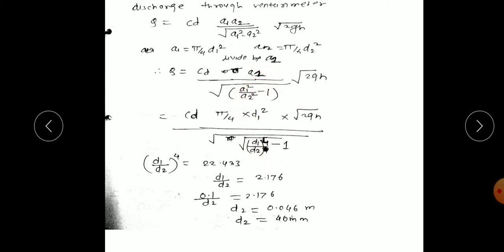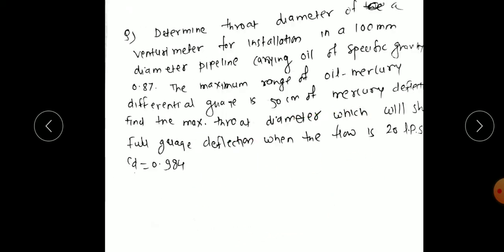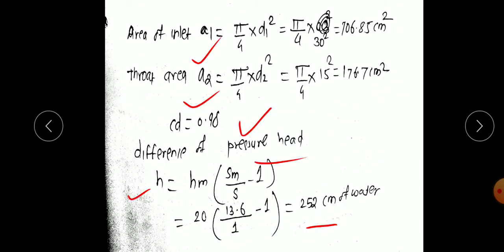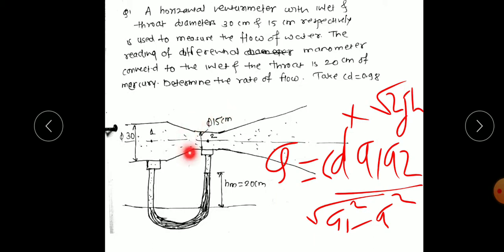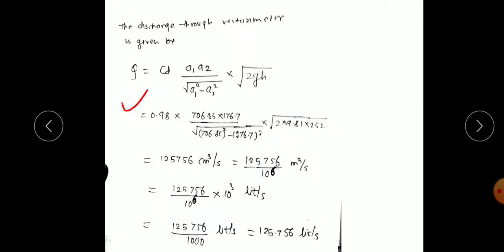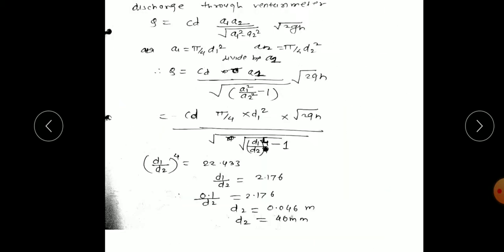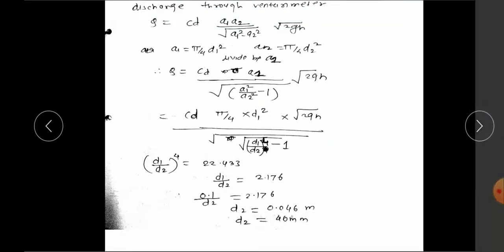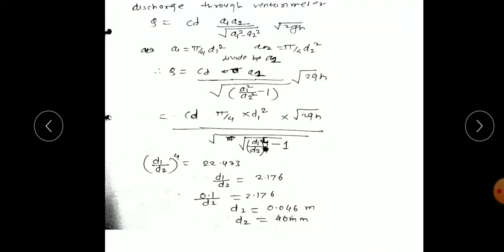So finding (D1 by D2) raised to 4, we get 2. Solving this, we get D1 by D2 equal to 2.17. Putting D1 as 0.1, we find the diameter at the throat section, D2, as 0.046 meter. In mm it is 46 mm.